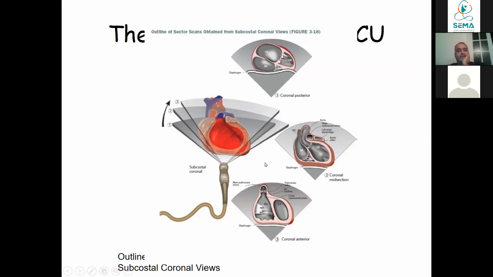The marker goes to the left side of the body, and you sweep from down and go up until you become superficial. You will see this; we call it the bicaval view. So this is the long axis, subcostal long axis, or coronal view.